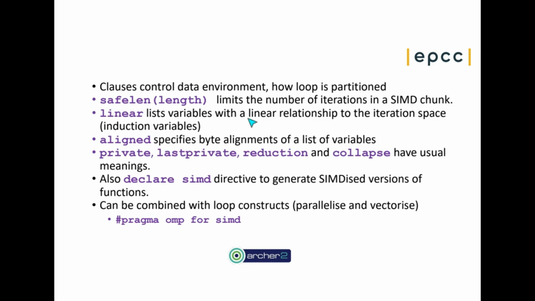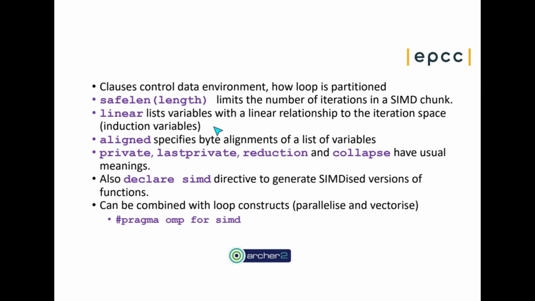There are other things you can do. You can specify a limit on the number of iterations in a SIMD chunk. It will deal with induction variables: you can declare a variable as linear if it is incremented by a constant amount in each loop iteration.